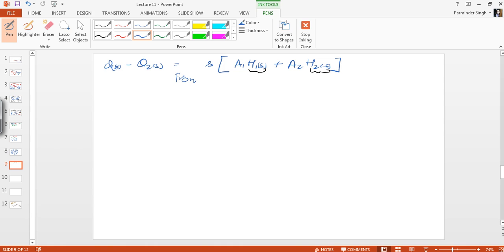So from equation 3 and 4, the left hand side remains the same. We're going to change the right hand side, so it is S into A1 into R1 Q1S plus H2S plus A2 into R2 Q2S.